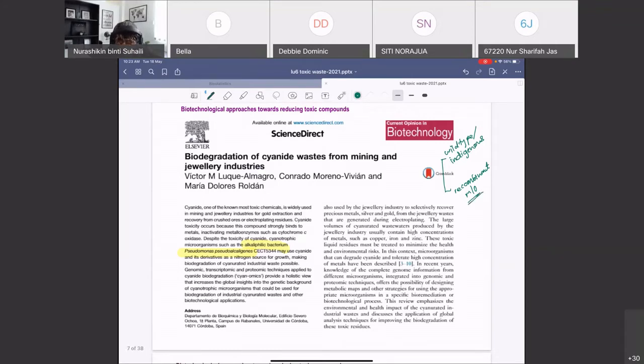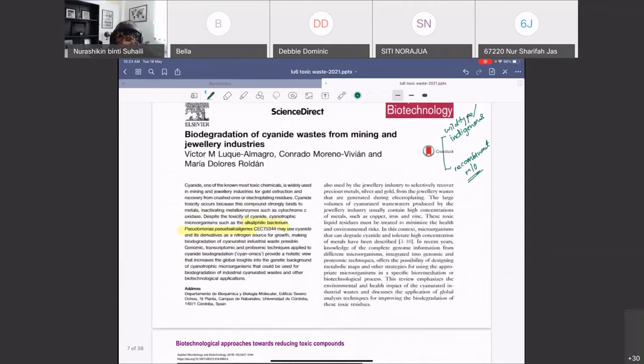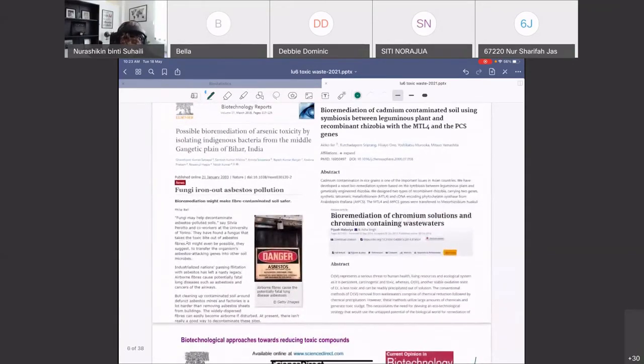If you see here the name of the microbes, if I go back to the previous one, you might notice that it's not really common. Let's say, for example, the arsenic degrading microbes. Where did they find these microbes?